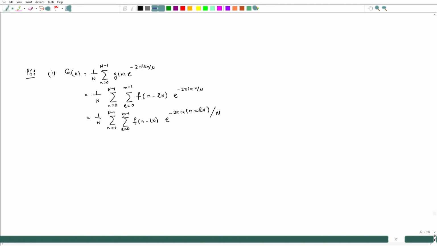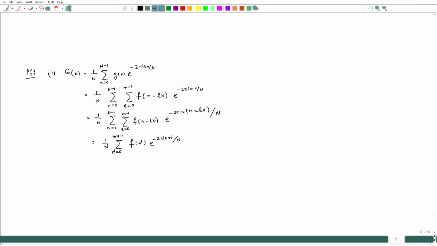Now, combining these two sums into a single sum over n prime, this is equal to the sum from 0 to mn minus 1 of f of n prime e to the power minus 2 pi i k n prime by n.